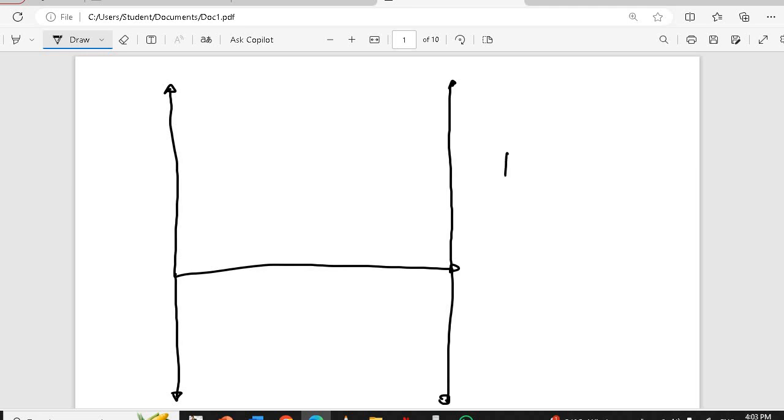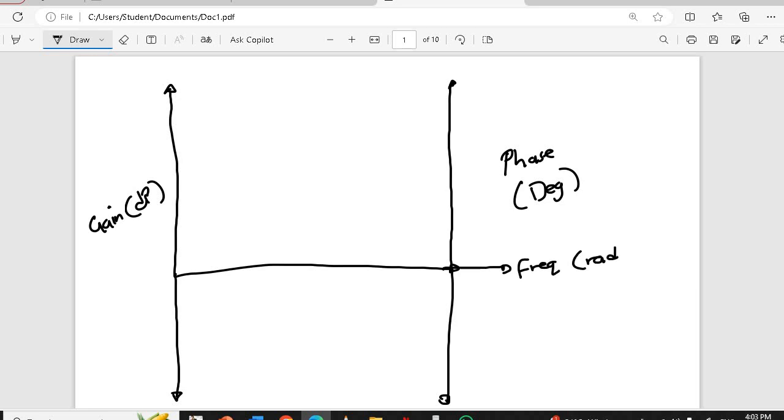So you'll have phase this side in degrees, you'll have gain this side in decibels, and this one in degrees. Then this whole line here will be for frequency in rad per second.